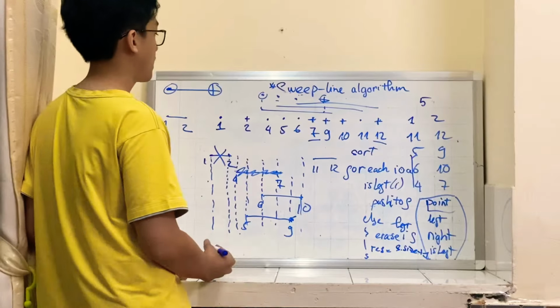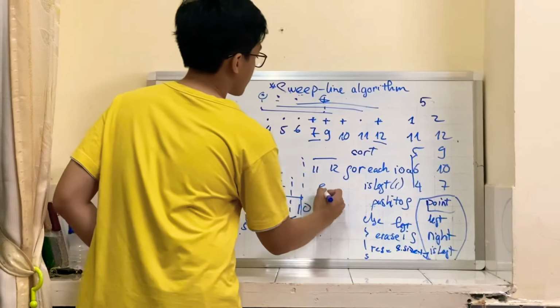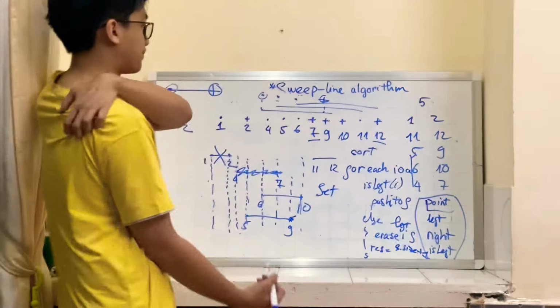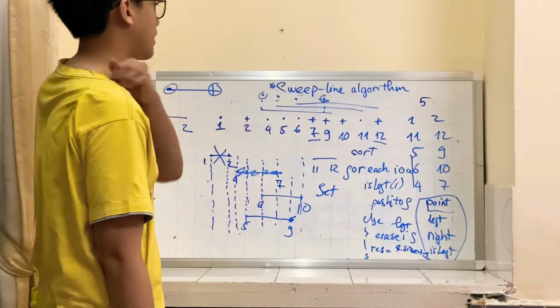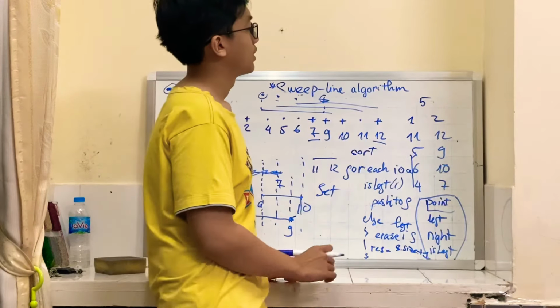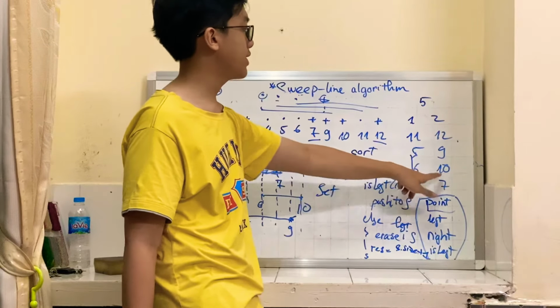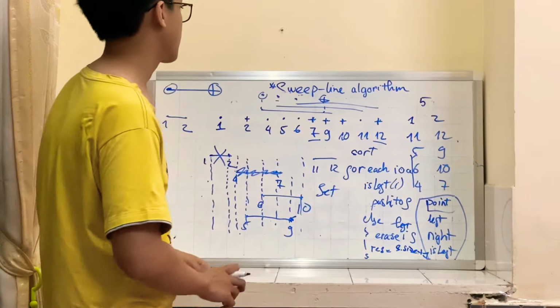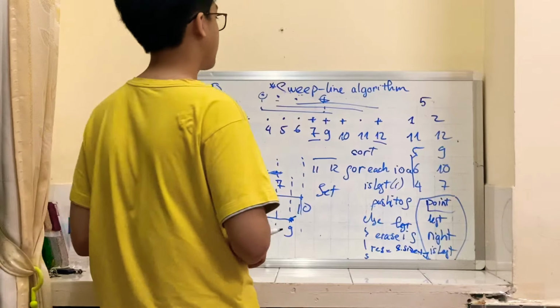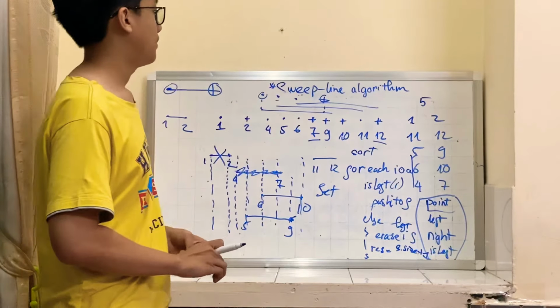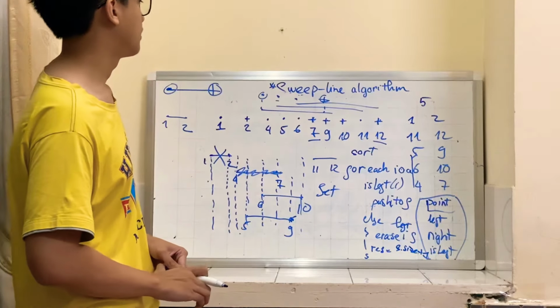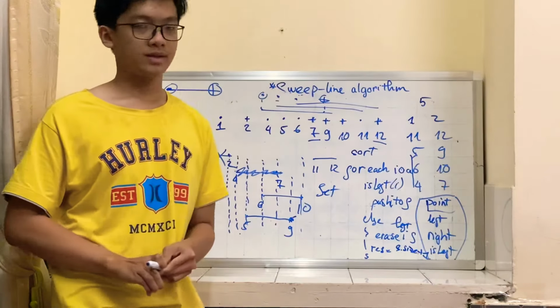Because we use a set, we only consider that the coordinates on OX are pairwise distinct. Thanks for listening.